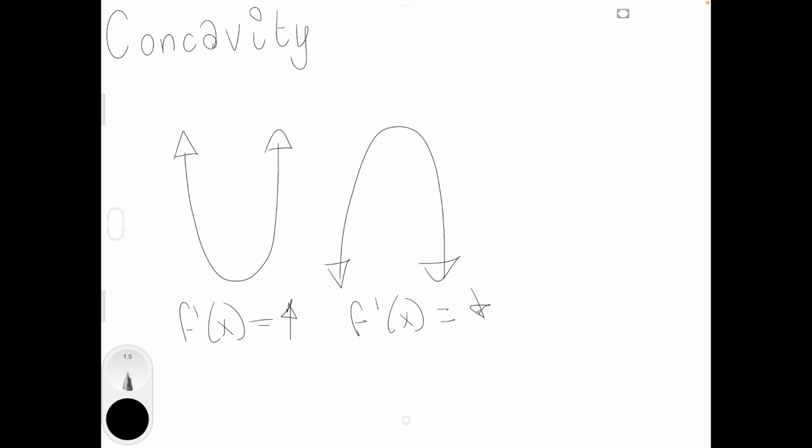If the slope is positive, then that second derivative is going to be positive. And then for concave down, if the first derivative is decreasing, that means the slope is negative. And if the slope is negative, the second derivative is negative. So this is kind of how you can solve for each of these.